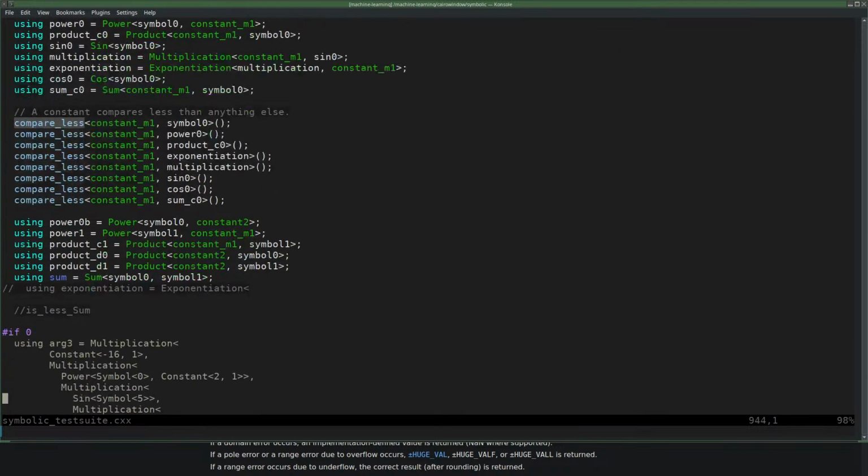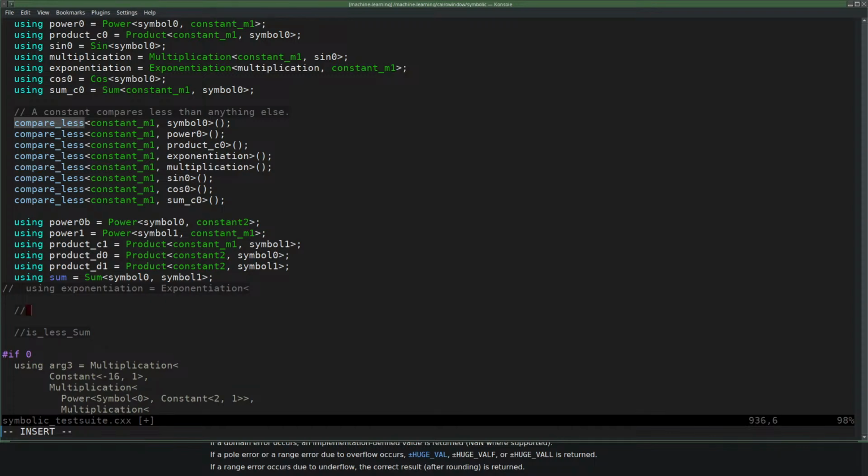So next I want to test comparing symbols as first argument. So I can say that a symbol compares less than anything else, except constants, of course, but that's trivial.